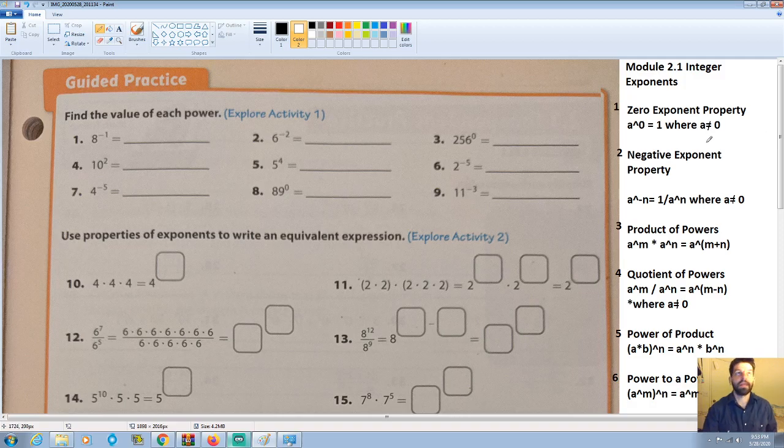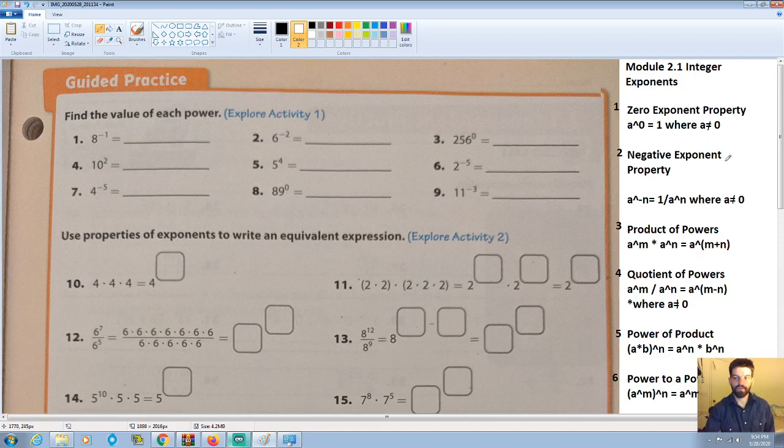This tells us that any non-zero integer or value taken to the 0 power is always going to be equal to 1. It's really important that we represent that a is not equal to 0 because 0 to the 0 power gets really interesting. So we want to make sure that we say that for all instances where it will equal 1, a is not equal to 0.